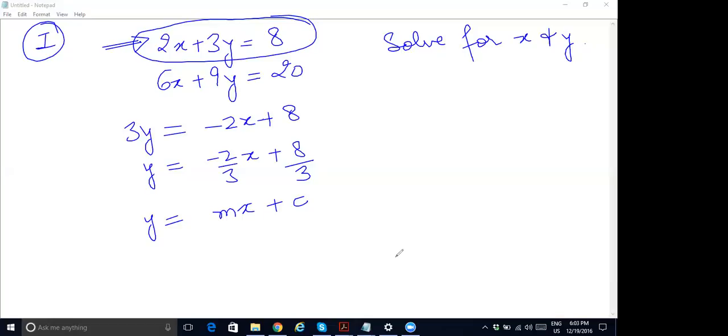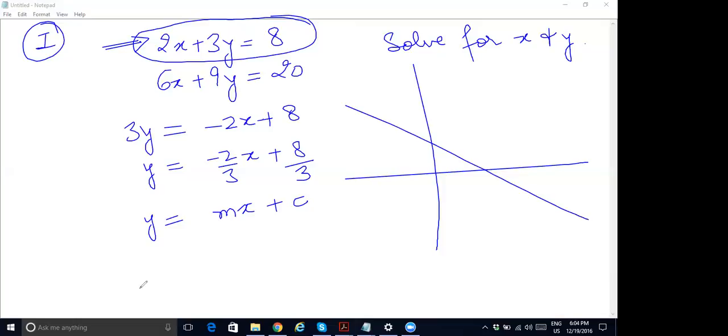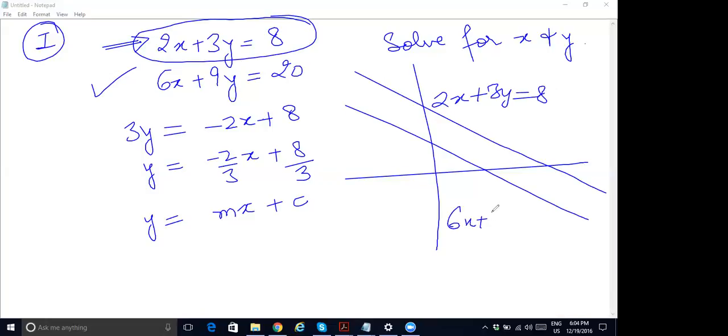A linear equation in two variables actually represents a straight line. Now when I plot the first equation, I get this, and when I plot the second equation, I get this.